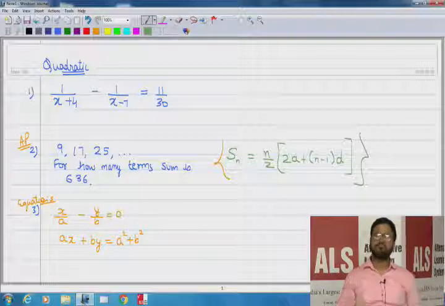In the second question, you just have to substitute the values. Sum is given 636. Number of terms you have to find. A is given 9 and D, the common difference, you can find.